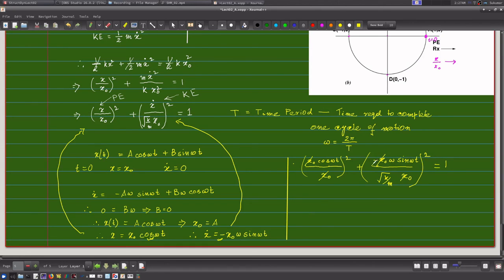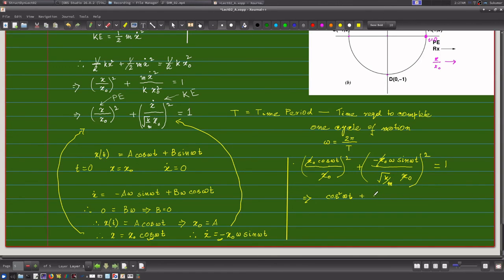So here you see this x naught and x naught goes, and therefore, because this is a square term, I get cos square omega t plus this becomes k by m.